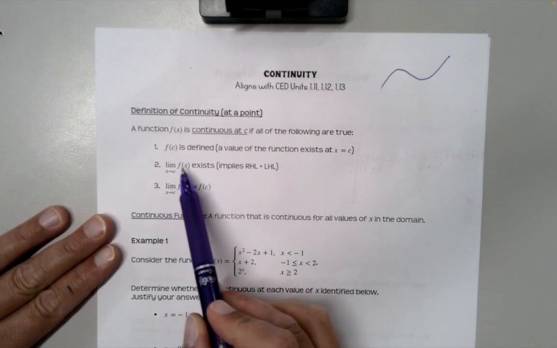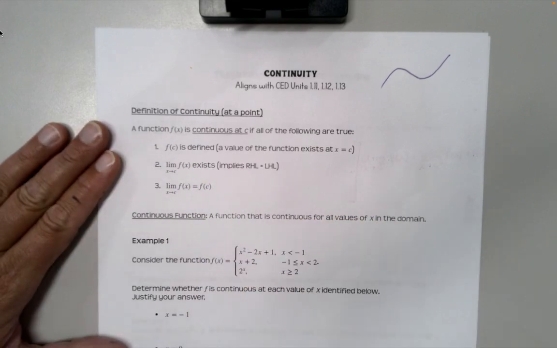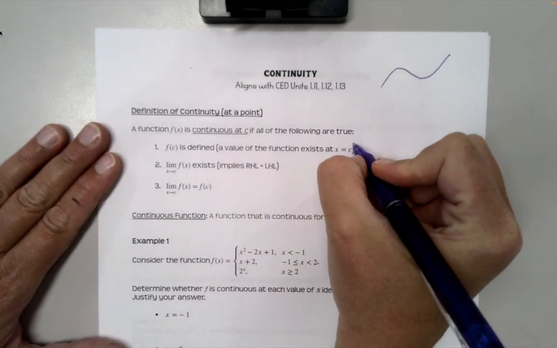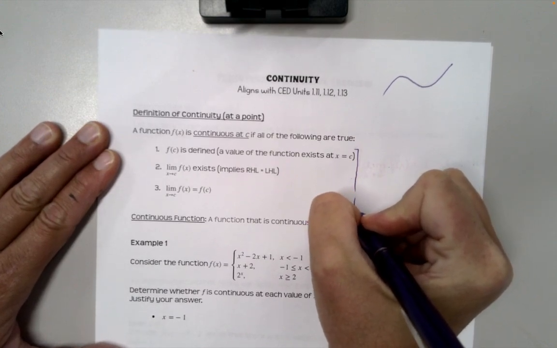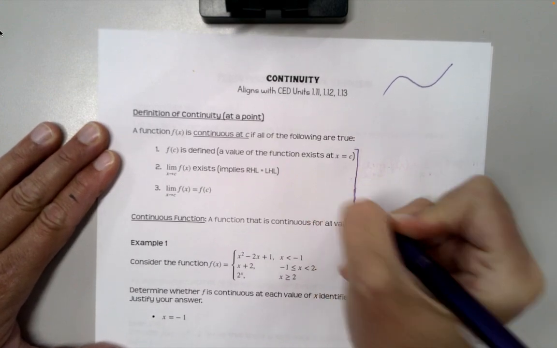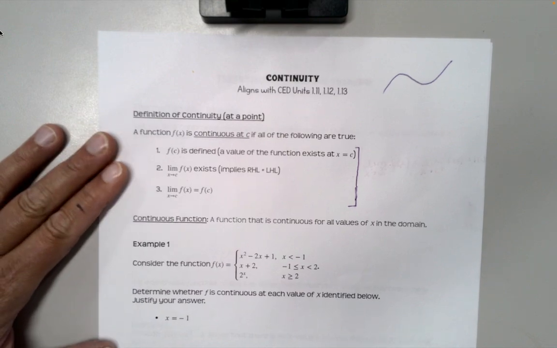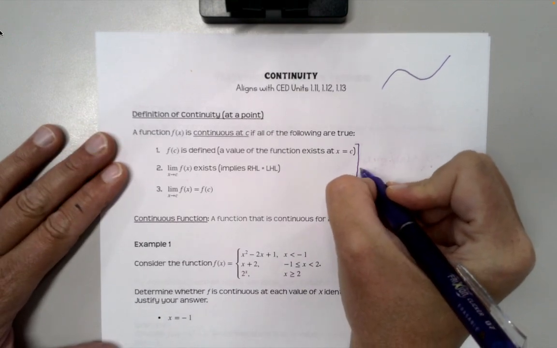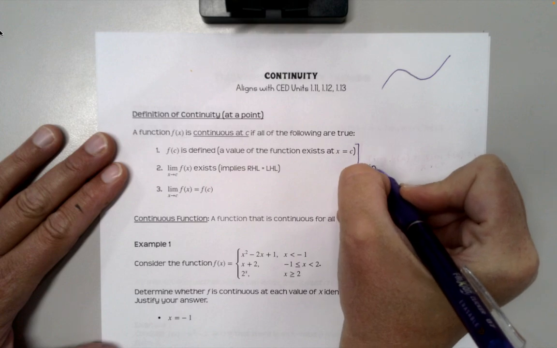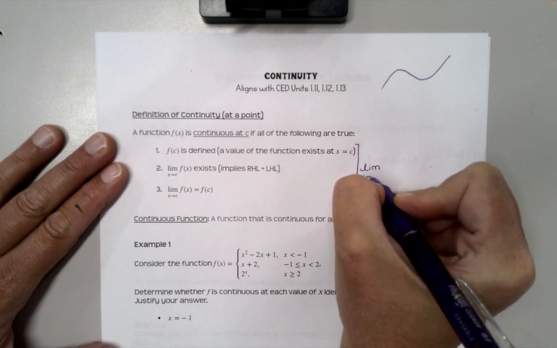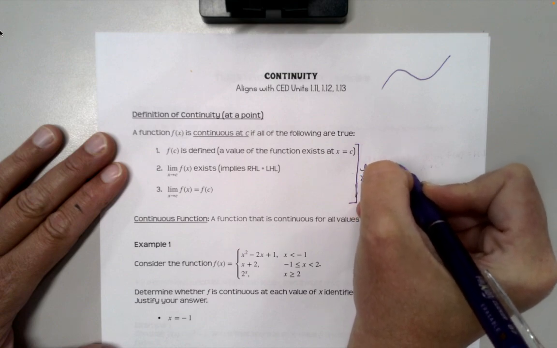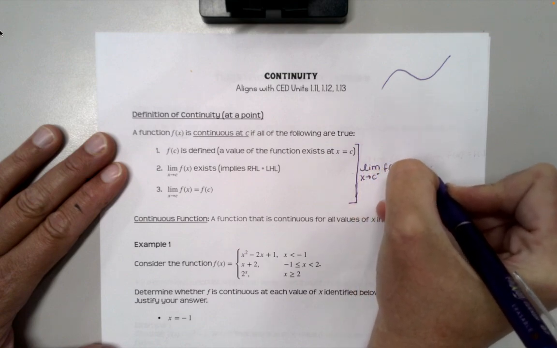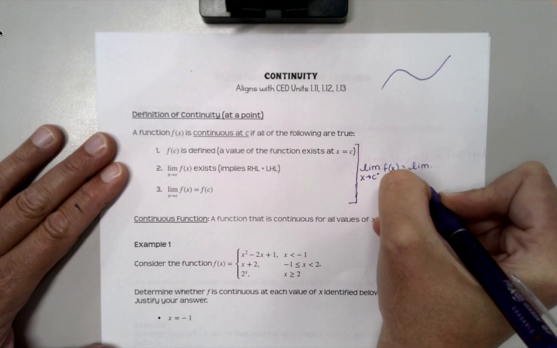Okay. So I like to tie all of this together with one overarching statement, and I'm going to say this is all three of these together in one mathematical statement. I like to say, okay, this means the limit as we approach C from the left is equal to the limit as we approach C from the right.